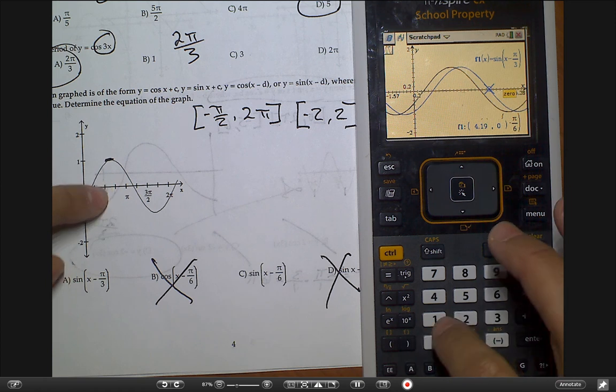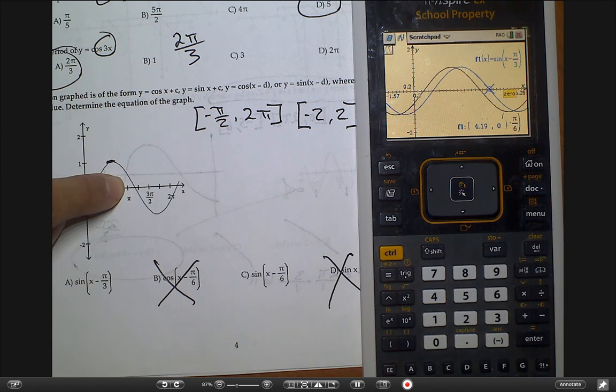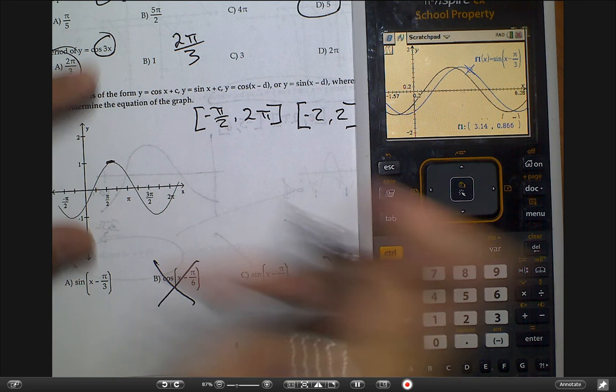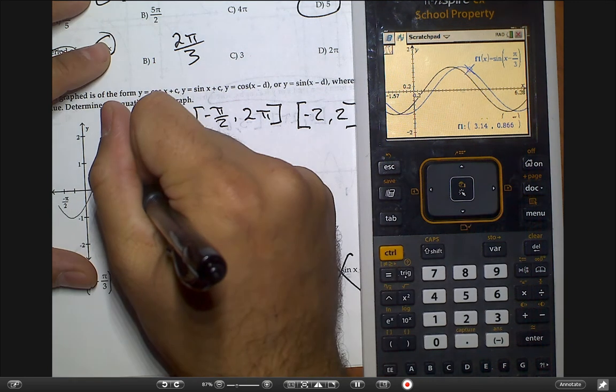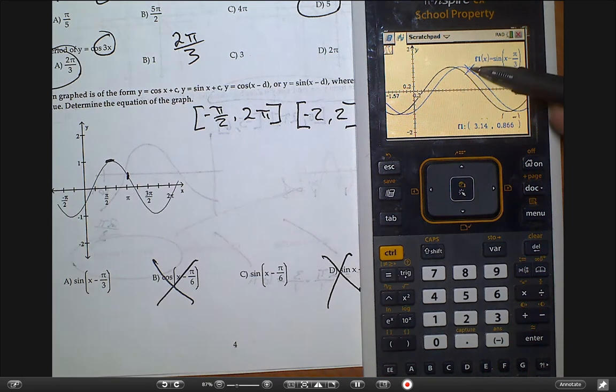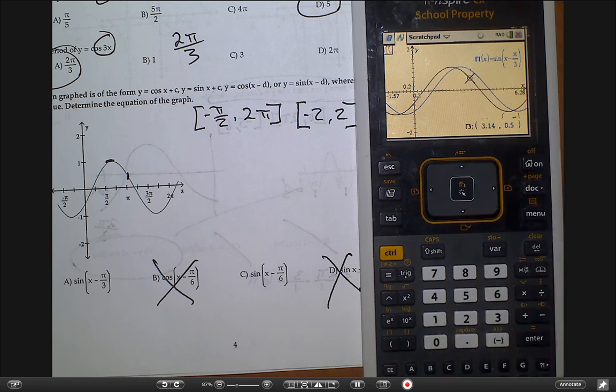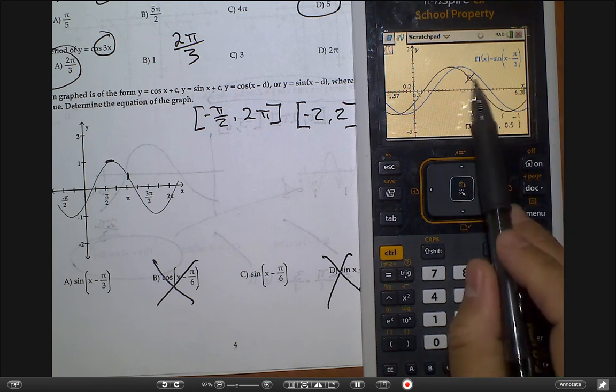Okay, so let's see, at pi, I'm going to just hit the pi button, hit enter, it's way up here. Okay, so now let's try this one. I'm going to go down, I'm going to hit pi, that one's right there.